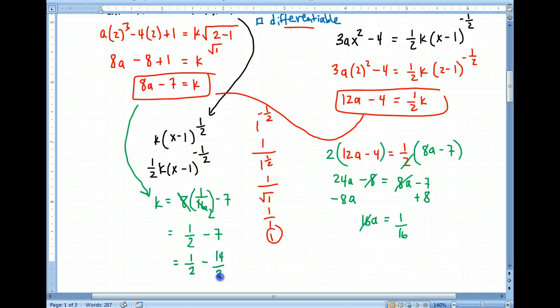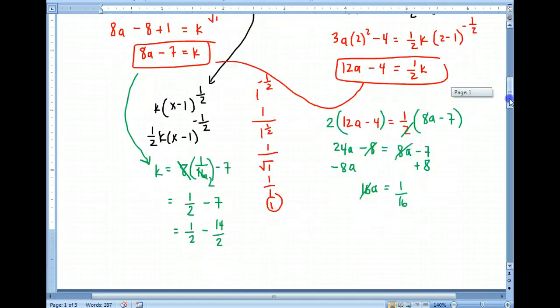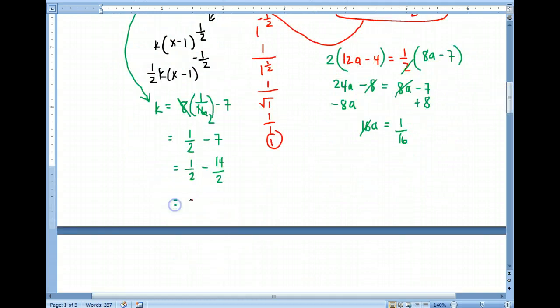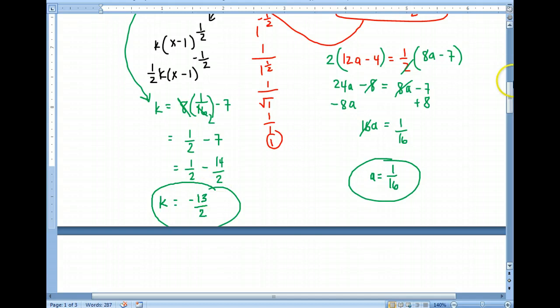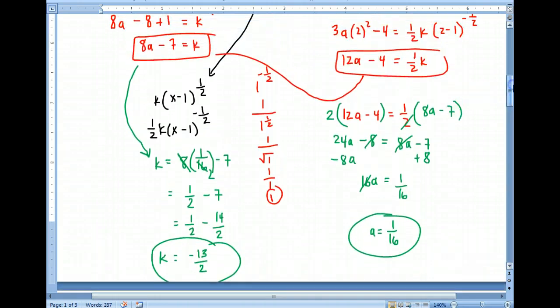So a equals 1 over 16, k equals negative 13 over 2. Easy, could have just guessed that. Not really. So those numbers aren't always that difficult.